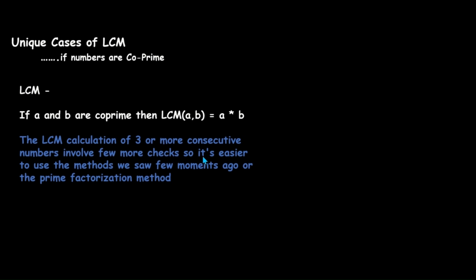And so it is easier to use the methods that we saw a few moments ago, or the prime factorization method as the last resort. So for two numbers, if they are co-prime, we can easily calculate by multiplying the numbers together to get the LCM. Three or more numbers, better to go with some other method, or as a last resort, prime factorization method.